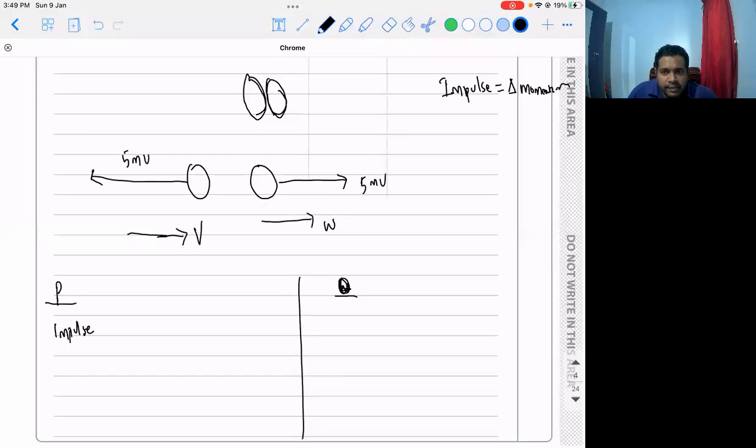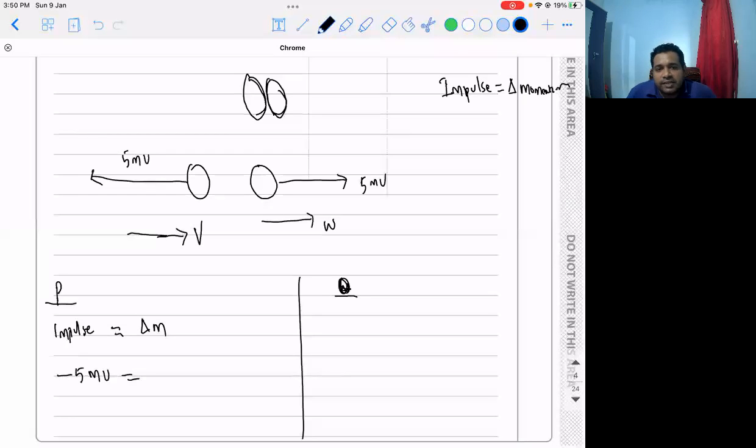Impulse is change in momentum, as I said earlier. So I'm considering the case of P first. Since this is in the opposite direction, and impulse is a vector quantity, I can write here minus 5mu.